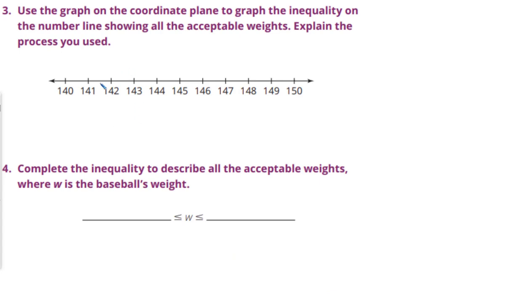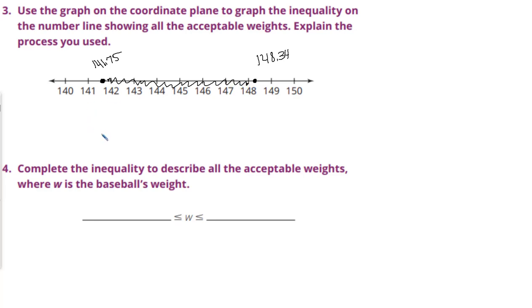If we were to draw this on the number line, we'd have this point here at 141.75 and this point here at 148.34. But really what we have is everything in between those two.